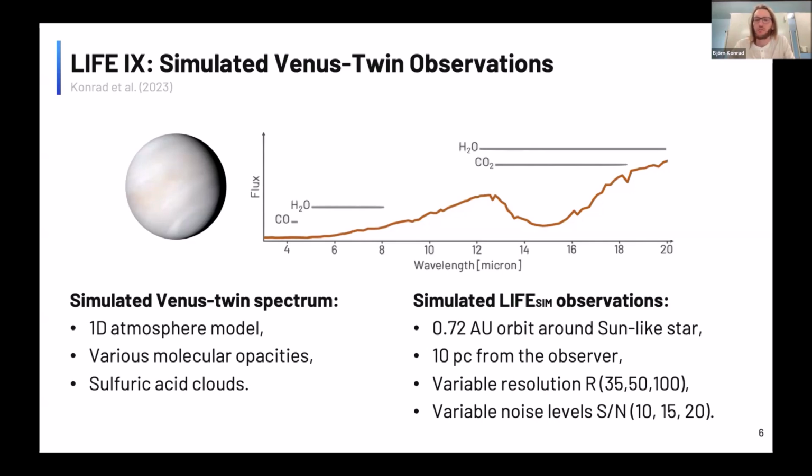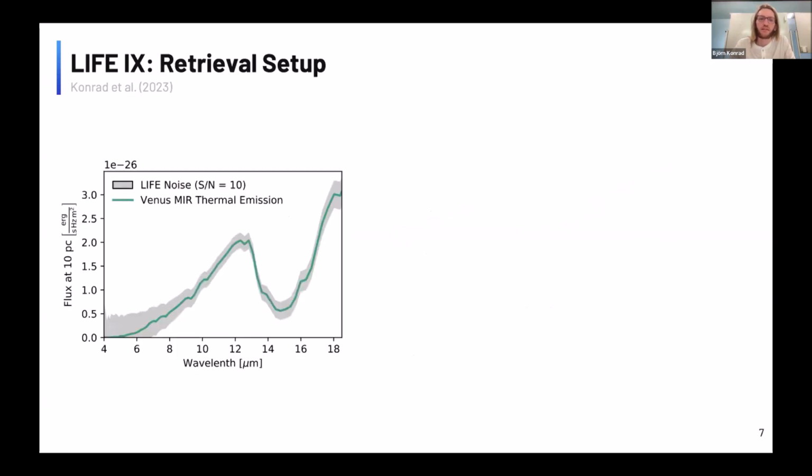And then we used LIFEsim to predict the noise levels that we would expect with Life. This then gave us a spectrum that looked something like this. This is a resolution 100 spectrum and a signal-to-noise level of 10 with Life.